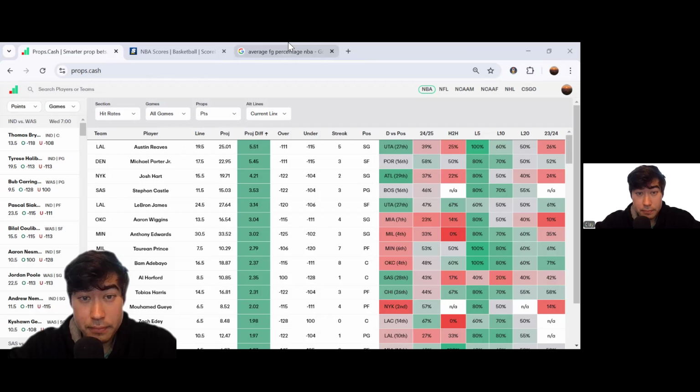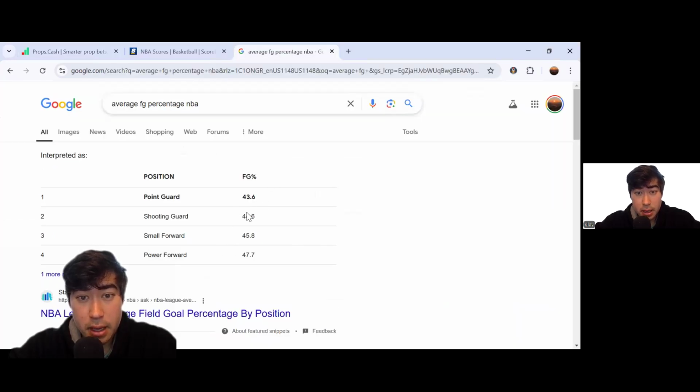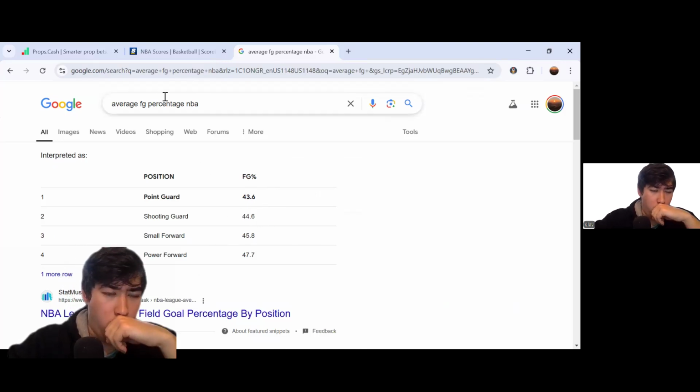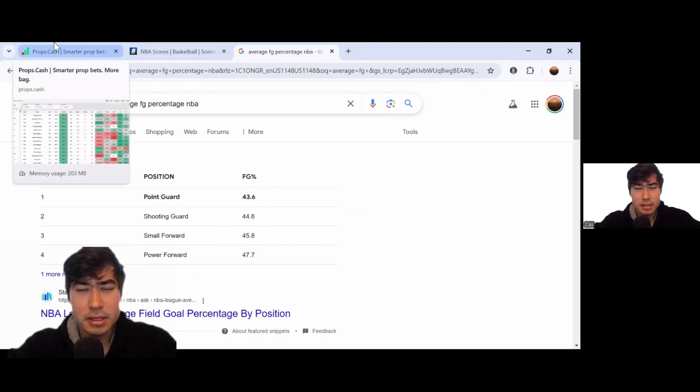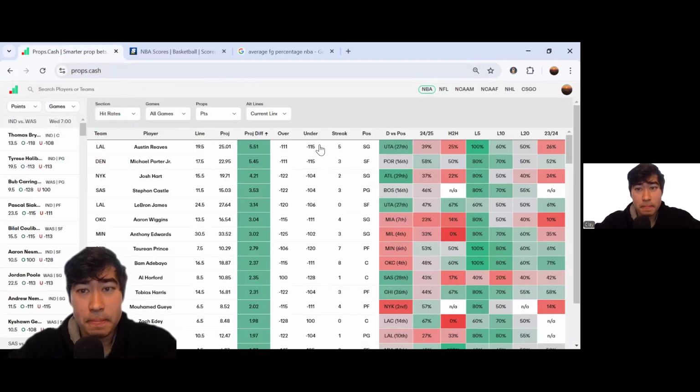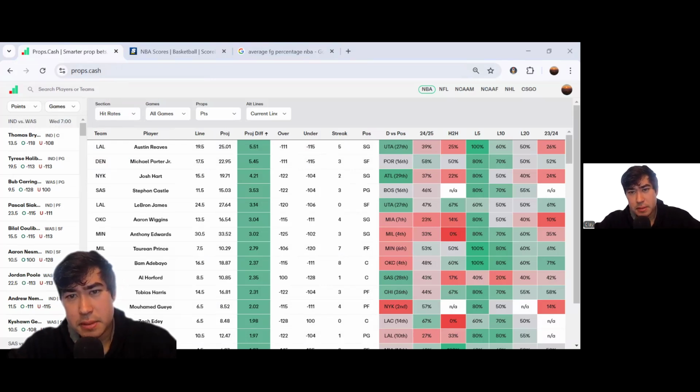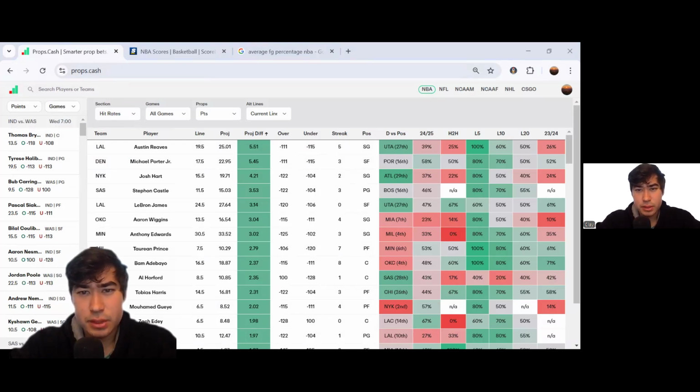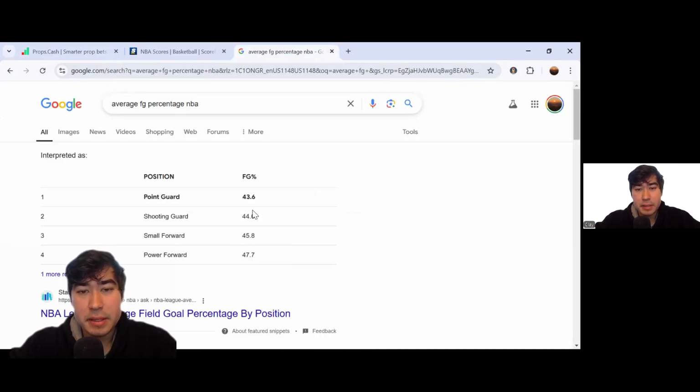The average field goal percentage in the NBA is about 50% for centers, like 45% for normal people, but not to exclude centers or anything. So 13 field goal attempts is going to translate to roughly 13 points, even if they're missing 50 to 60% of their shots.